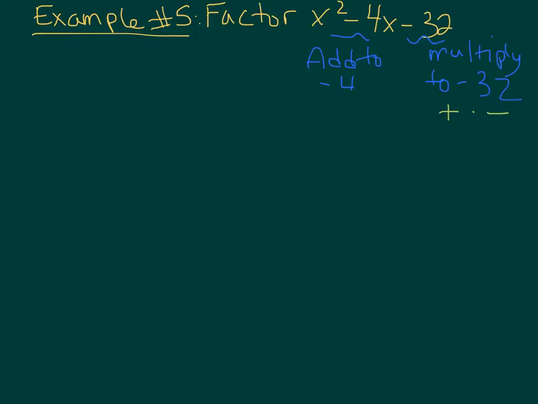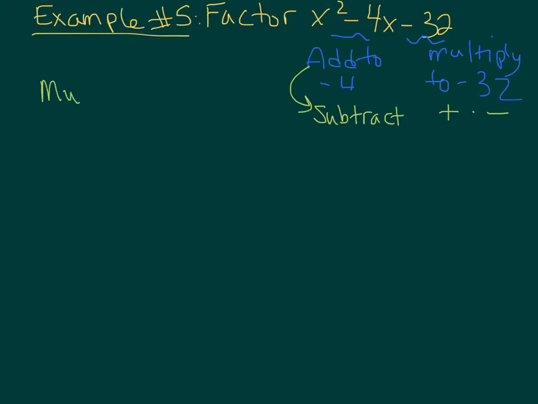The other thing that's weird about this is, since we have one positive and one negative, it actually is going to be more similar to subtracting. So think about it that way. I know it's confusing the first time you try these ones, but just do the best that you can for now. We'll do a lot of practice, so the more that you practice it, the easier it'll get.